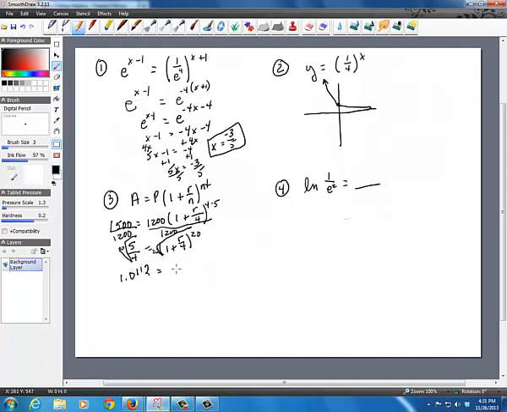1.0112 equals 1 plus r over 4. Subtract 1 on both sides, and I get 0.0112 is equal to r over 4. So to find what r is, I have to multiply both sides by 4 over 1, multiply this by 4, and I get 0.0448 is my rate.